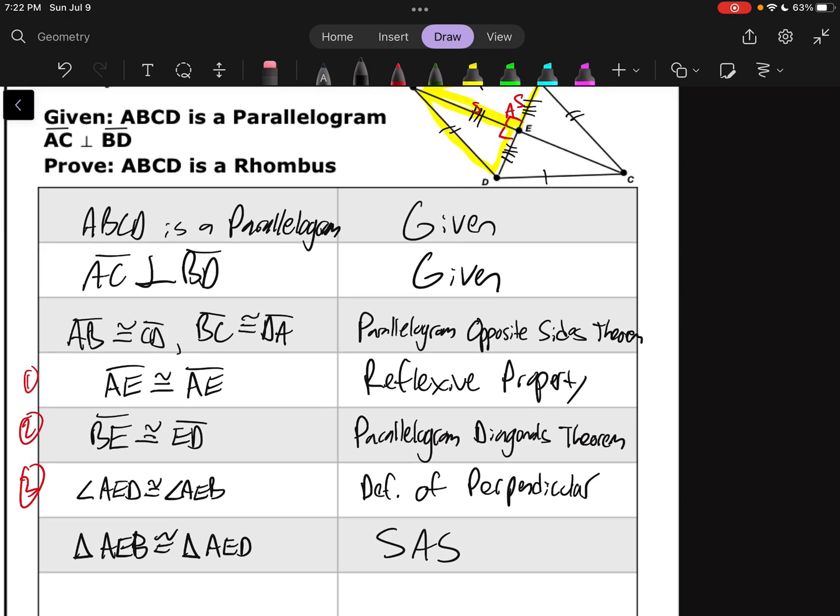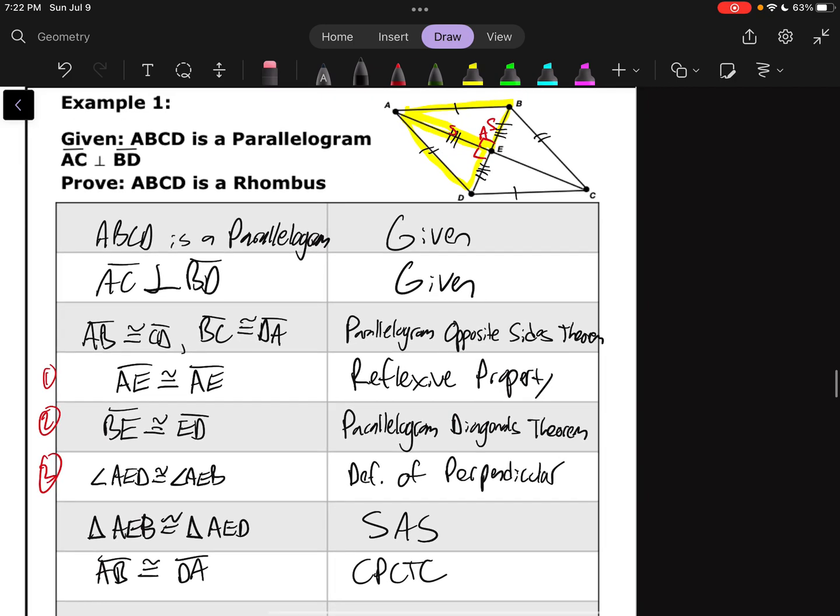And now I can finally say side AB must be congruent to side DA by CPCTC. Since those triangles are congruent, then their corresponding parts are also congruent. So let me update my markings now. Now AB and AD are congruent, but I already knew that AB was congruent to CD.